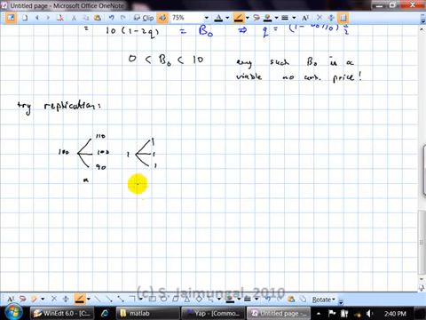This is beta. And we can see that if we combine these two things together, you get 110 alpha plus beta, 100 alpha plus beta, 90 alpha plus beta. And if we're attempting to do replication, we will want this to be equal to, say, B in the up state, B in the middle state, and B in the down state, right?